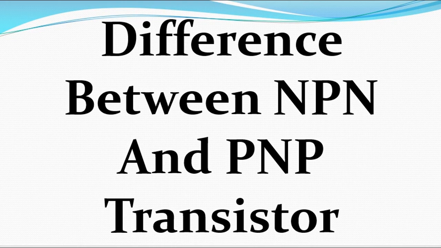The letters PNP and NPN show the voltage required by the emitter, collector, and base of the junction transistor. The NPN and PNP transistors are both made of different material, due to which the current developed in them also differs.